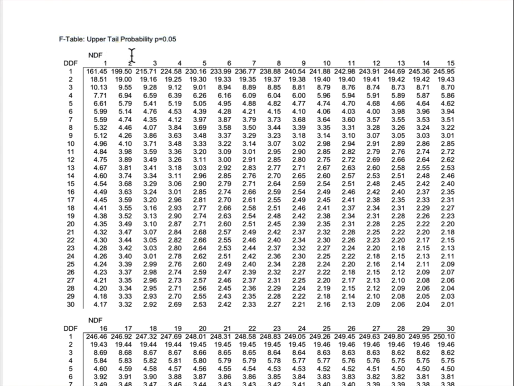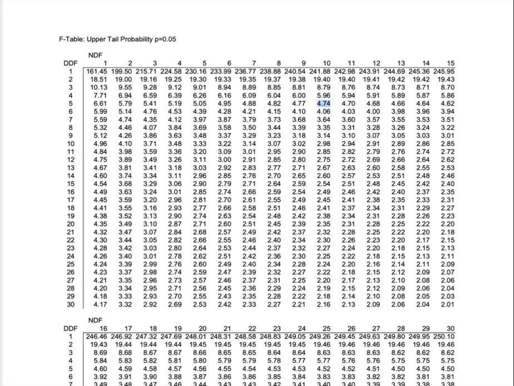Notice that the columns here correspond to the numerator degrees of freedom, and the rows correspond to the denominator degrees of freedom. And so we want 10 numerator and 5 denominator degrees of freedom. And so the upper fifth percentage point for that F distribution is 4.74.